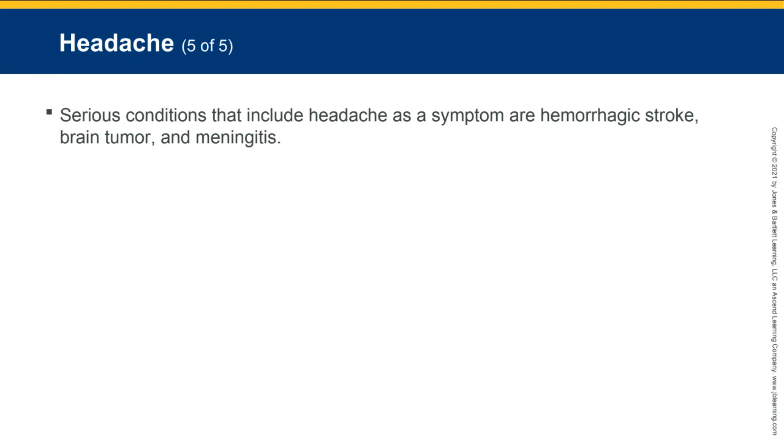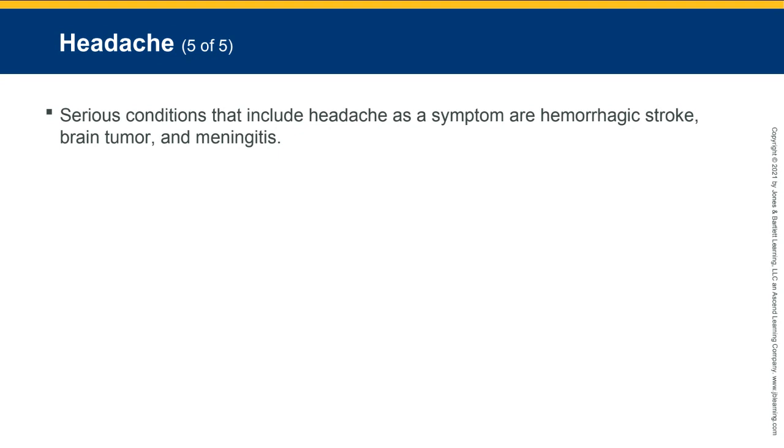Then you have the arachnoid layer, which is where most of the tiny blood vessels are located, which is the middle layer. So the top layer is the dura mater, the middle layer is the arachnoid layer, and then you have the pia mater. The pia mater is the layer that directly attaches to the brain, so that's the soft layer.